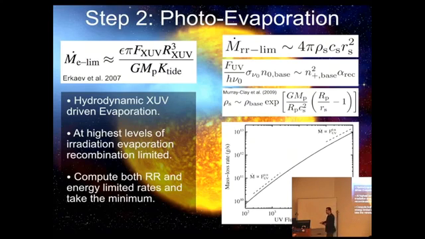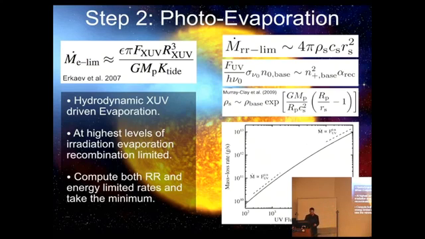And so you enter a different regime. This is from Ruth's 2009 paper. What I'm going to do is compute both of these mass loss rates, and then just take whatever is lower. And that does a pretty good job of modeling this full behavior, at least for planets on tens of day orbits and less, for solar atmospheres.